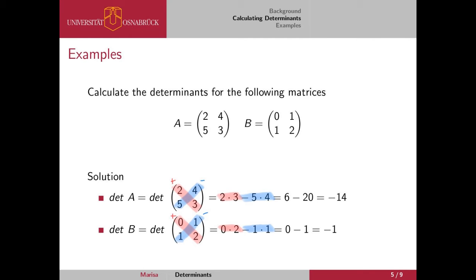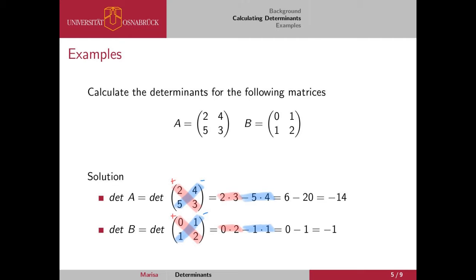Here you can see the solution for the 2 tasks. For the determinant of matrix A, we multiply 2 times 3, so again the top left with the bottom right, and we subtract 5 times 4, which is the bottom left times the top right. This is 6 minus 20, which is minus 14.